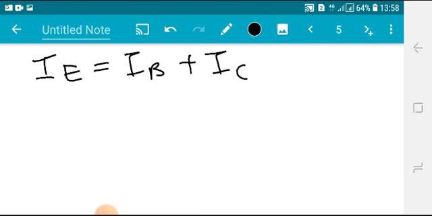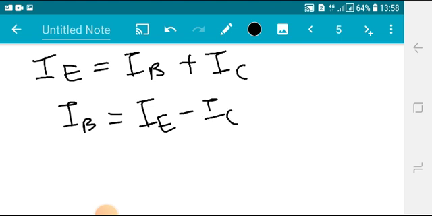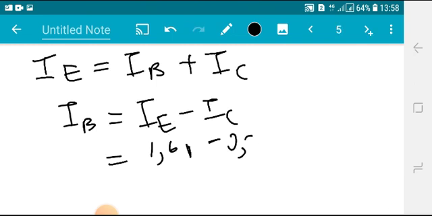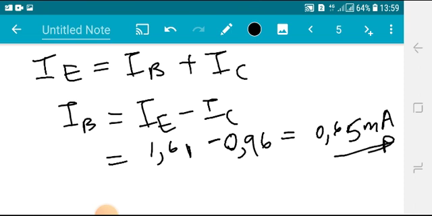Therefore, my IB should equal my IE minus my IC. And what was my IE? It was 1.61, I think. And then the one that we calculated previously, 0.96, and of course, this is all in milliamps, so don't forget the units. And we got approximately 0.65 milliamps as the current going into the base. And yeah, that's it.